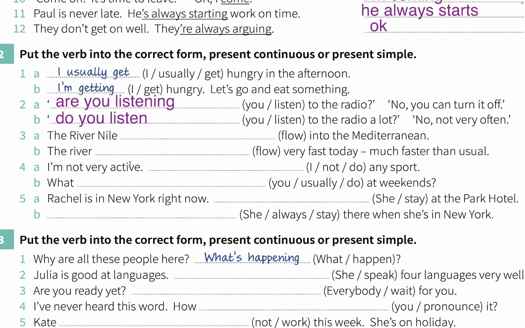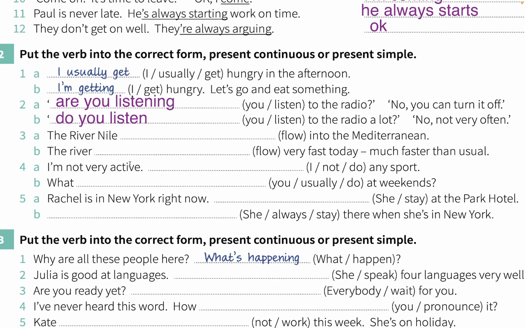Okay. So, for the first one, at the time of speaking, the subject is not listening to it, so we are using are.